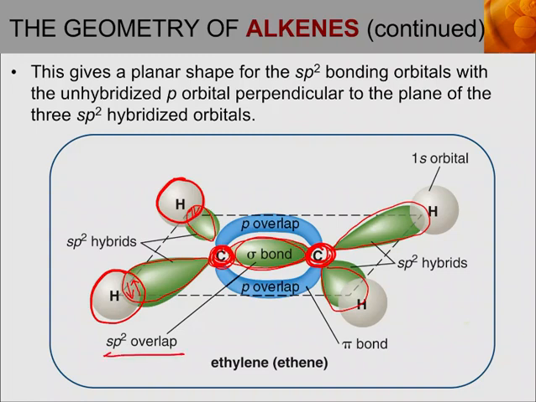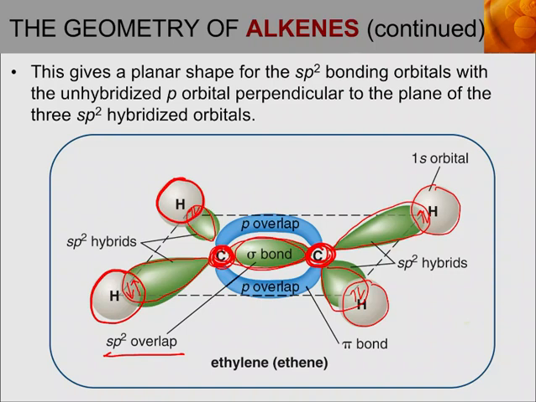We also call that a sigma bond. And so they've formed a single bond between them. Great. And the other carbon also has some hydrogens bonded to it with paired electrons now. Great. So those are covalent bonds.